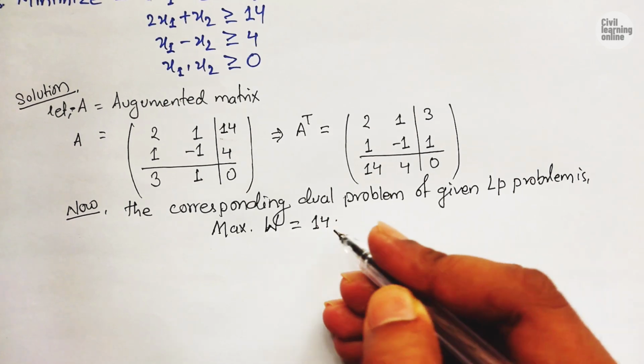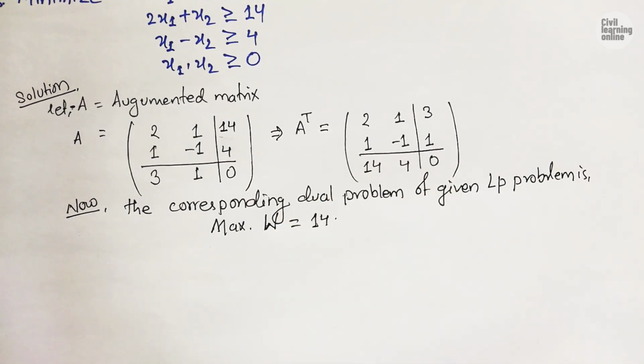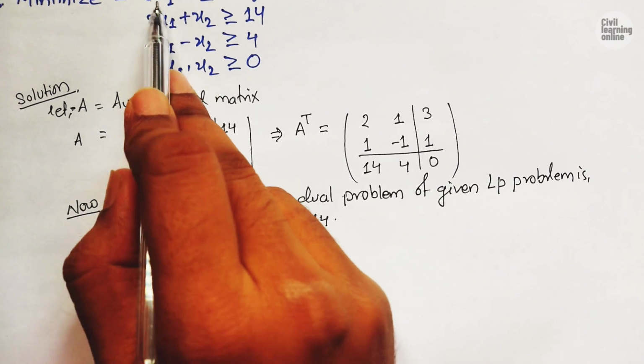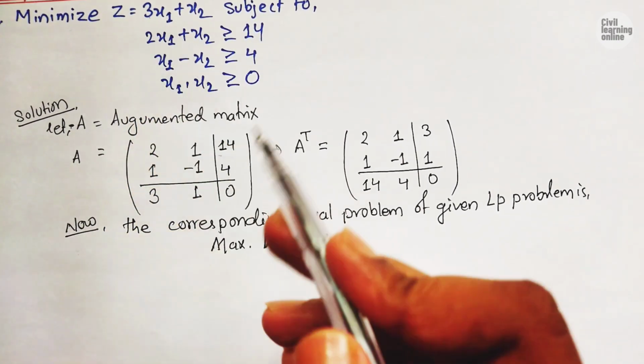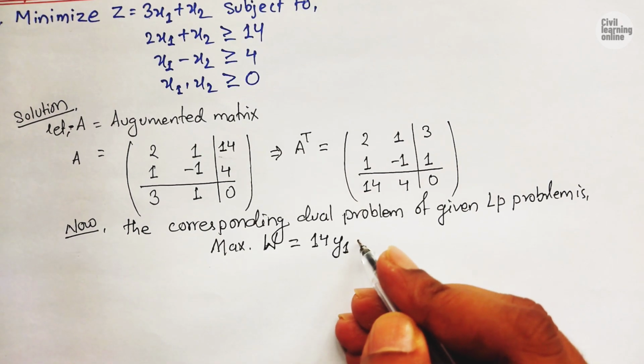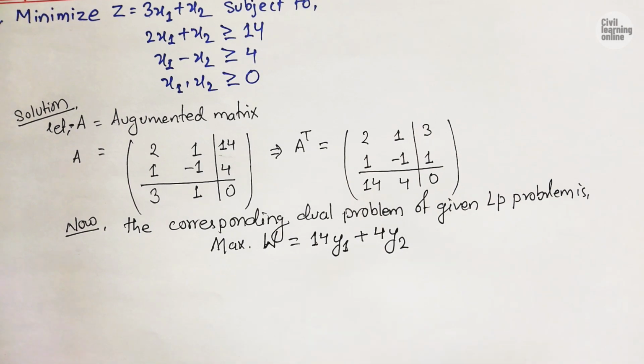Again you can take any variable, but remember the variable must not coincide with another variable. So 14 y1 plus 4 y2.